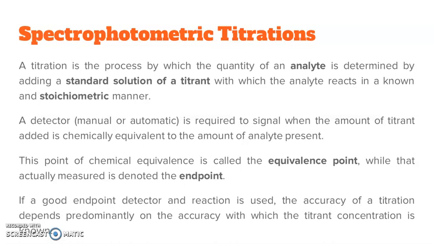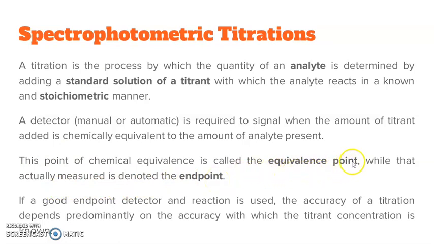Here a detector is required to signal when the amount of titrant added is chemically equivalent to the amount of analyte present. So if you want to shift from the regular or routine titrimetry to spectrophotometric titration, we need something which is detecting the change or the end point when we add the titrant to the analyte. So we need a detector, and that detector is part of the UV spectroscopic instrument. A point of chemical equivalence is called the equivalence point, while that actually measured is denoted as the endpoint.